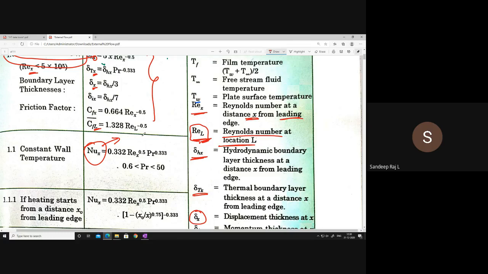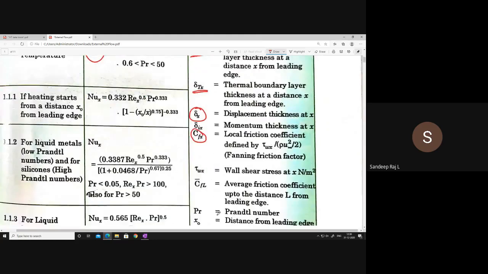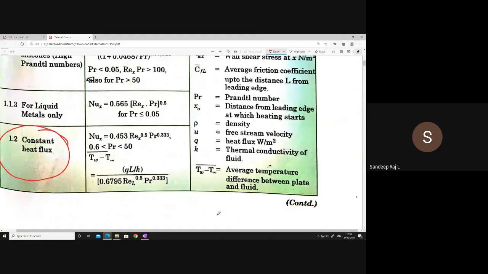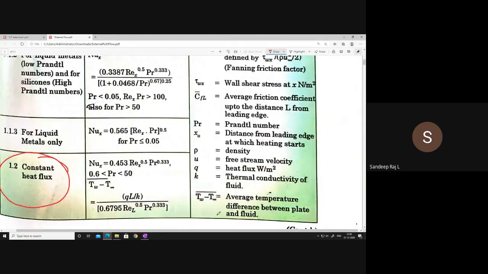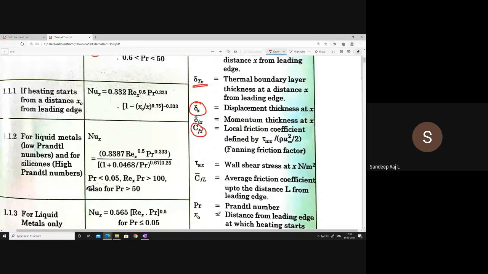So what you find out of this will be a local heat transfer coefficient. Where is it written?